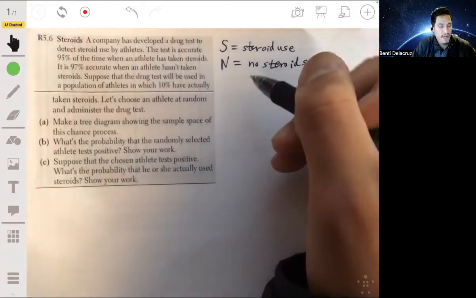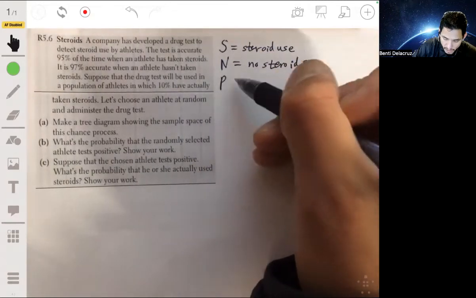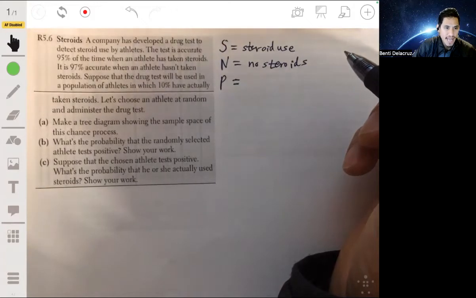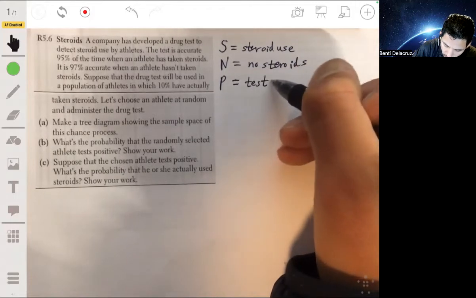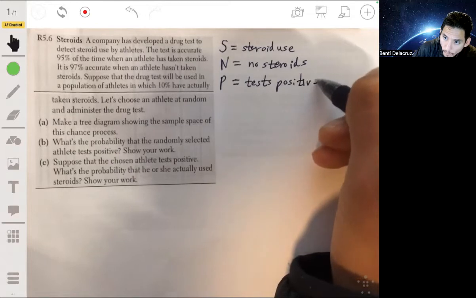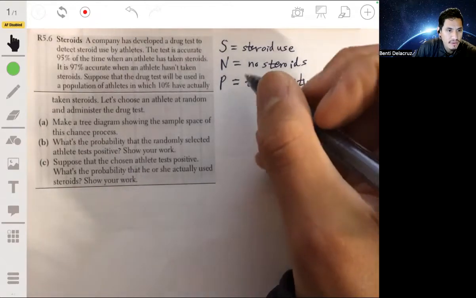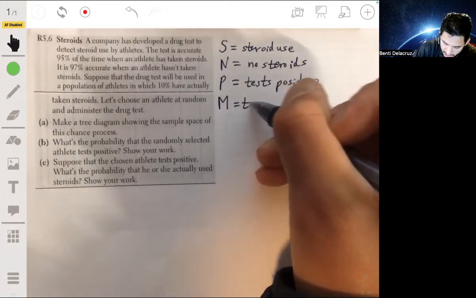And then the other thing is that they could test positive when they take a drug test, or they can test negative. So let's put P for positive, and let's say test negative. I guess we'll put N to test.